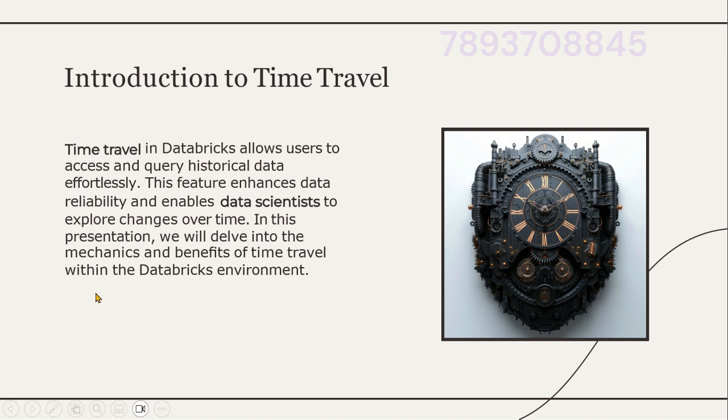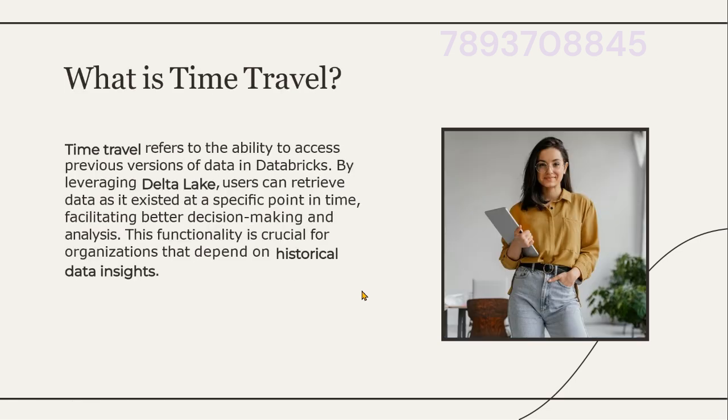Next, time travel. Time travel is nothing but it allows us to query the historical data. If we change anything, it will be saved as one version. Later, if you need that version, you can get it using version as of. At a specific point in time we can get it.